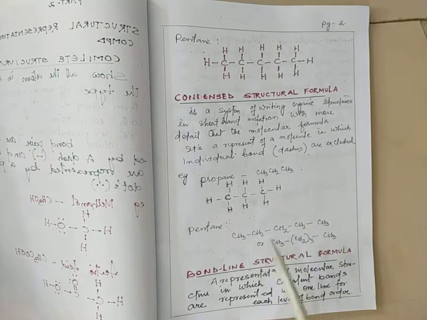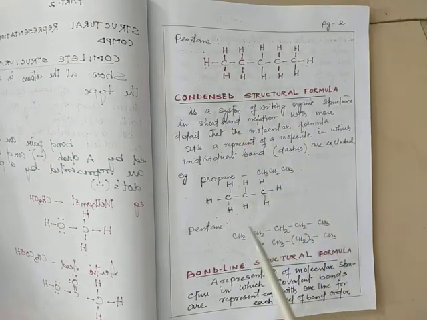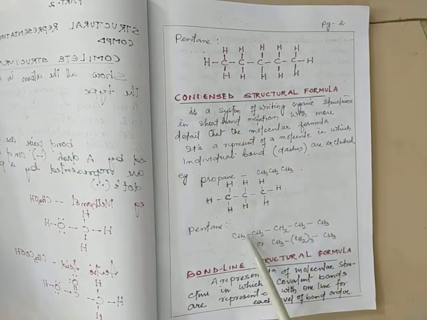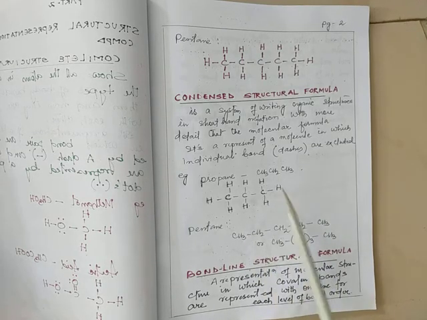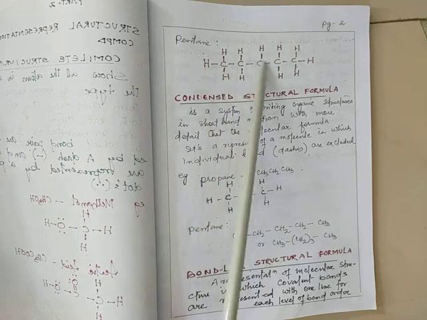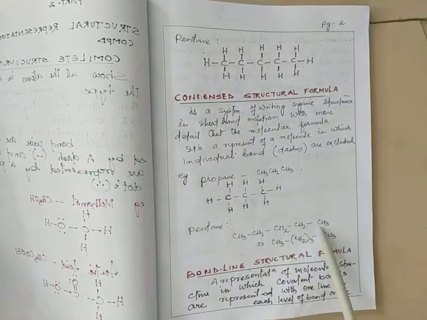Another one, we can also write like this. First of all we have to expand like this, and after that we can write the short form. If you know it, then you can write directly like this. If you don't know, then you have to expand in this way and then write in short form.